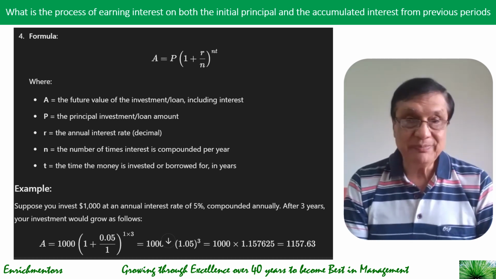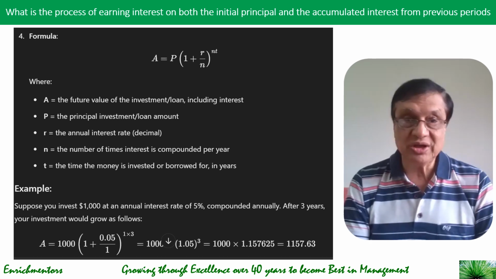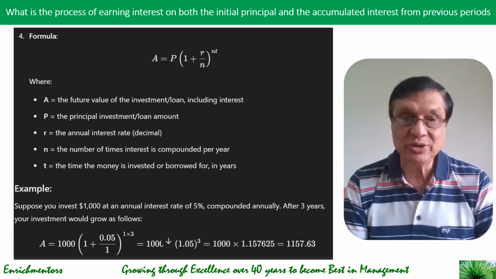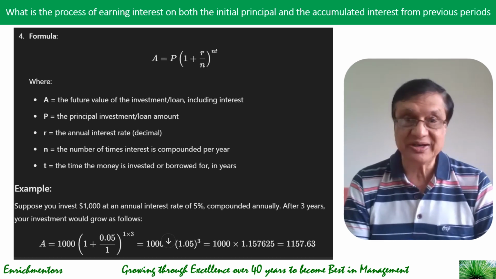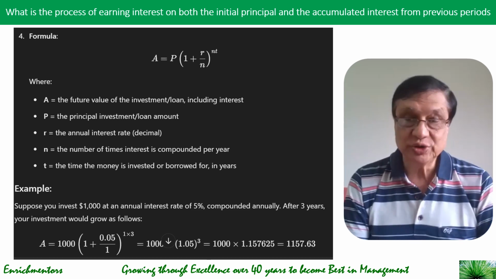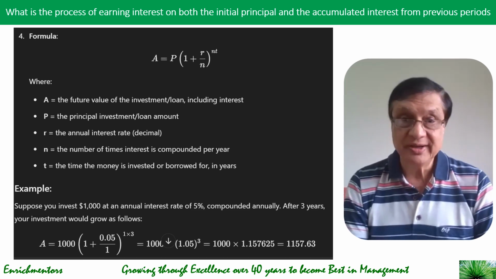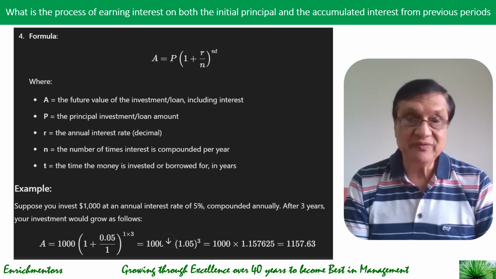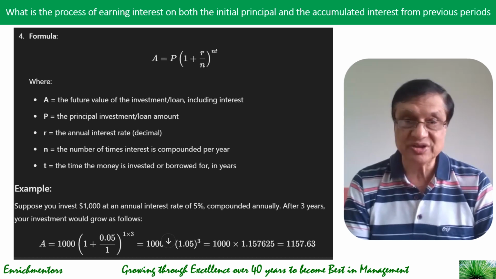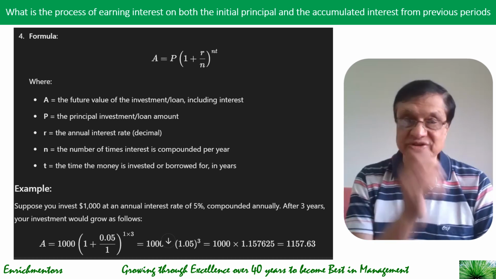In this example, suppose you invest $1,000 at an annual interest of 5% compounded annually. You need to be very clear whenever you invest how often the compounding is being done. After 3 years, your investment would look like A = 1000 × (1 + 0.05/1)^3, which is equal to 1157.63.